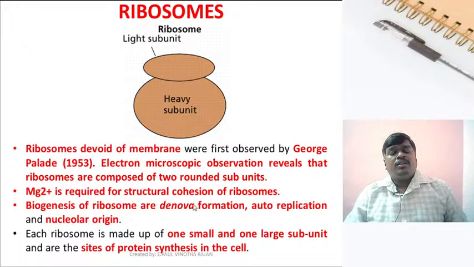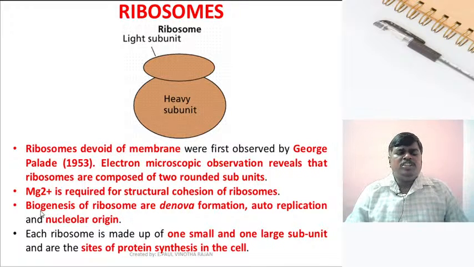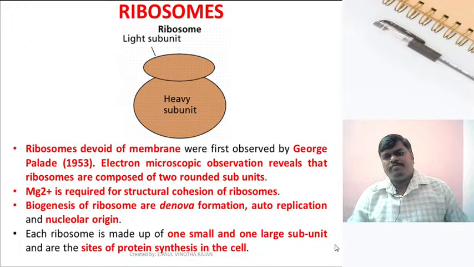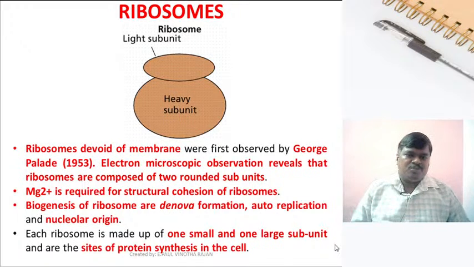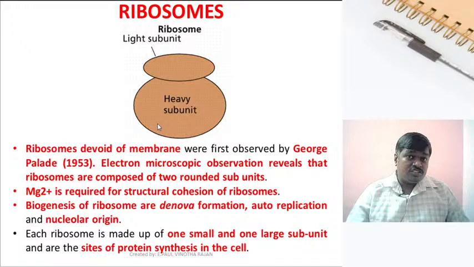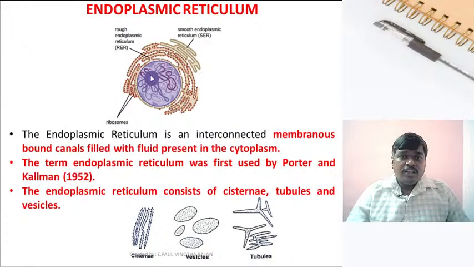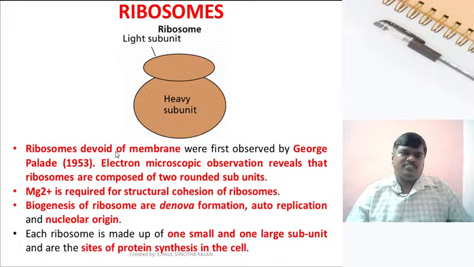And another important thing about ribosomes, the biogenesis. What is biogenesis? Formation of ribosomes, or de novo formation. That means auto-replication: the ribosomes are formed from the ribosomes. Or it can be a nucleolar origin, because the nucleolus is also involved in protein synthesis, and ribosomes are also formed from the nucleolus.